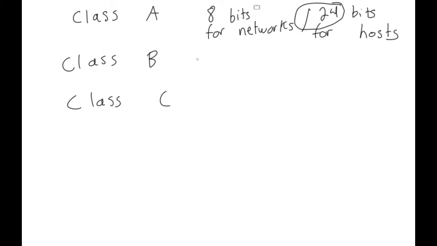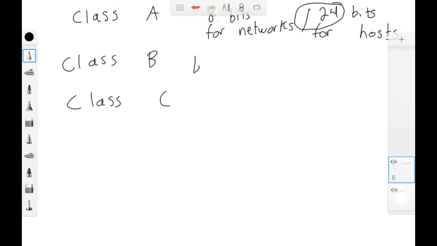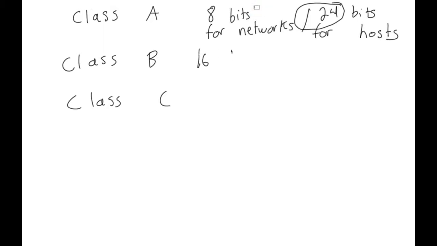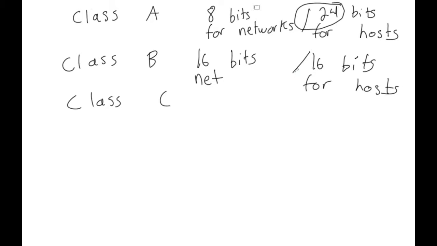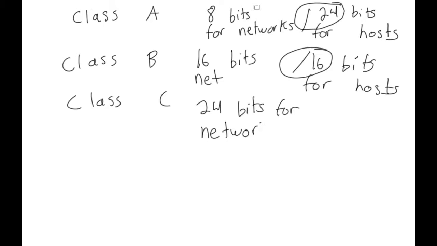Class B, you have an equal amount for both, so 16 bits for networks, and 16 bits for hosts. There it is again, /16. And for Class C, you have 24 bits for networks, and then 8 bits for hosts.